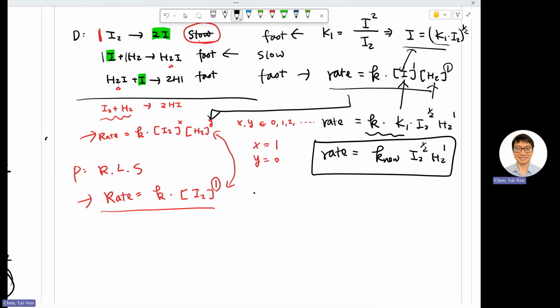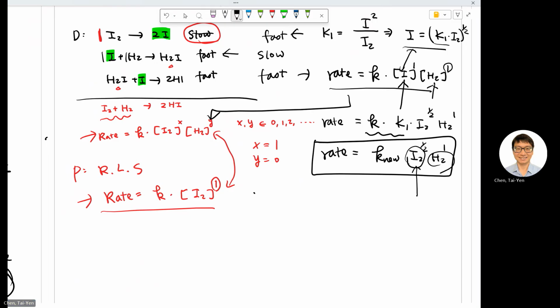So if the second step is actually your rate-determining step, then the rate law will look like this. Only up to this point can you see that you have your rate law expressed in terms of your reactants. So these are the two possibilities you're going to encounter for this type of question.